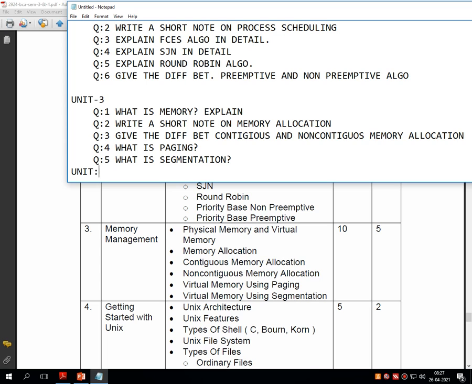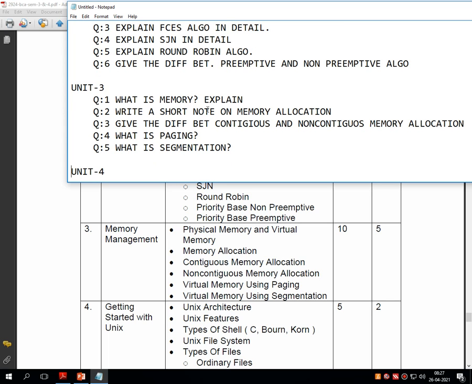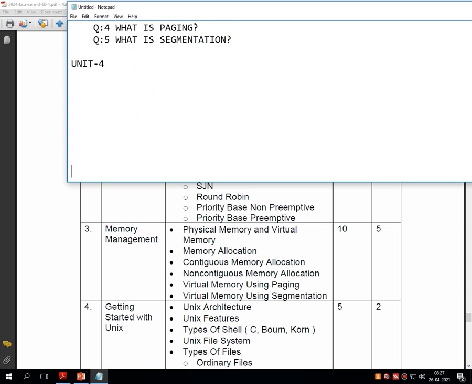Questions about unit number 4. Question number 1.